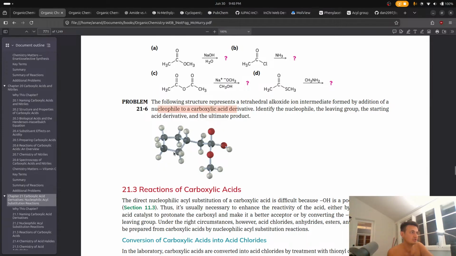Methyl 2-cyclopentyl acetate. And the ultimate product should just be 2-cyclopentyl acetate or acetic acid, 2-cyclopentyl acetic acid or something like that.